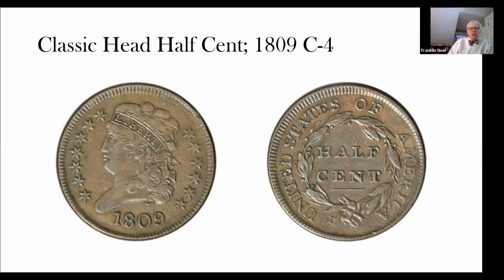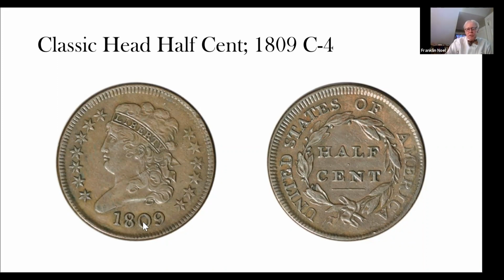This is the popular circle in O variety. If you look carefully at the 0 in the date, you can see it was repunched. So there appears to be another circle inside the 0 of the 1809 date. Half-cent collectors also call this the C4 variety.